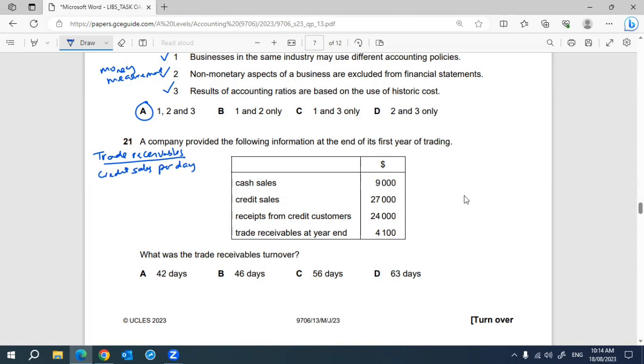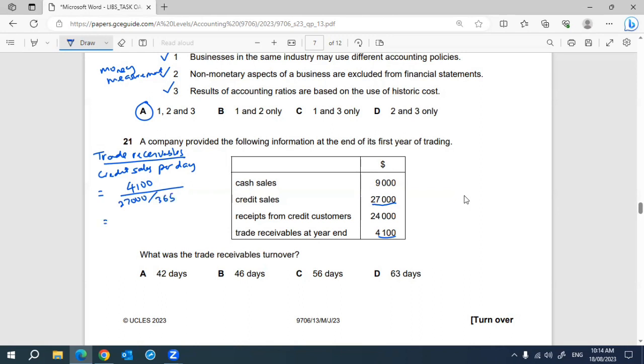So therefore, the trade receivables would be, as given, 4,100. Now, the credit sales is also given, 27,000. And you need to divide by 365, as I mentioned.